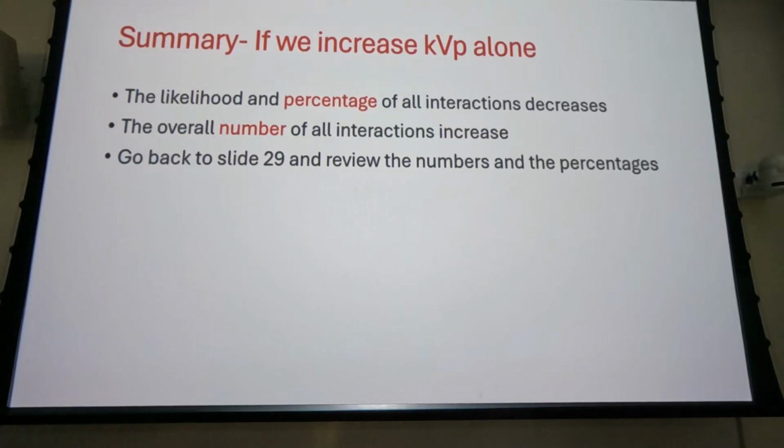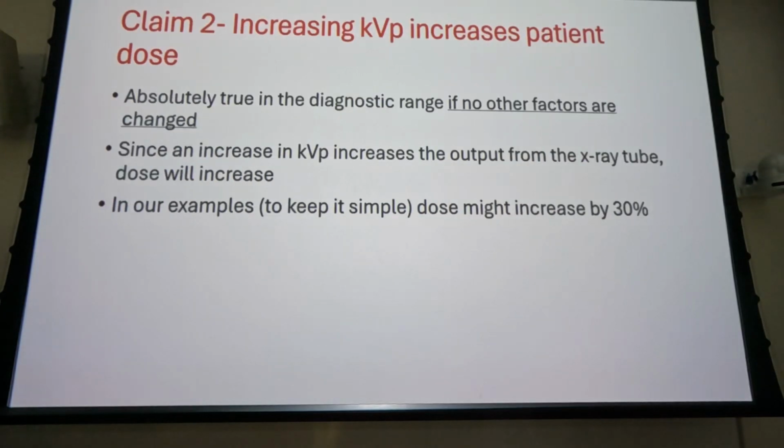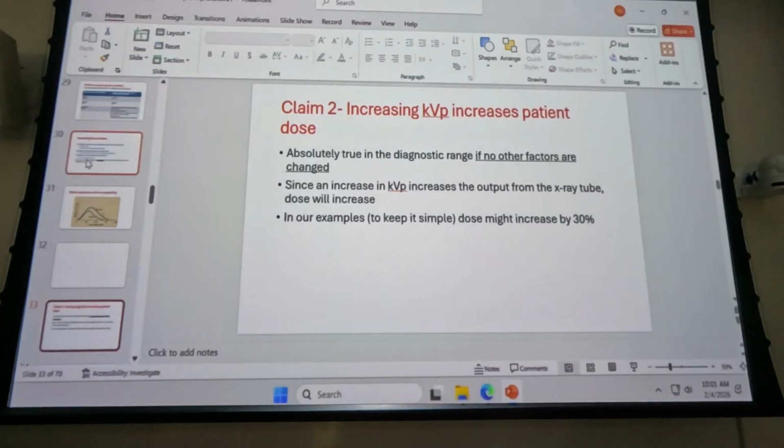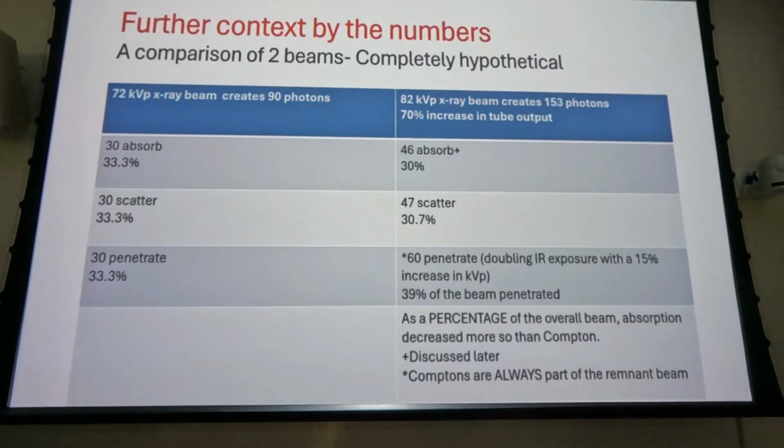If we go back to slide 29, we can look at those numbers and the percentages here. So again, with an increase in kVp from 72 to 82, we got a decrease in photoelectric absorption, we got a decrease in scatter radiation, and we got an increase in penetration. Right?